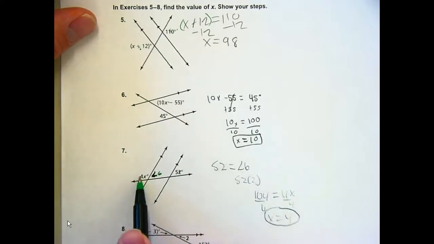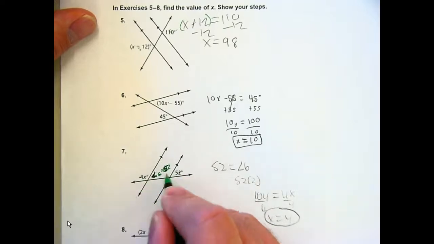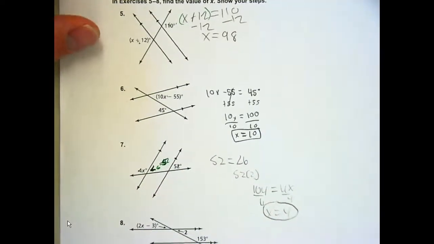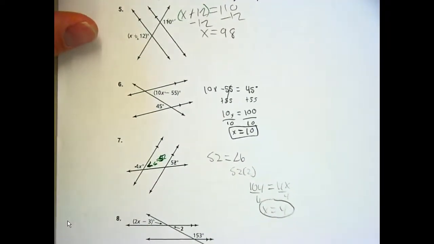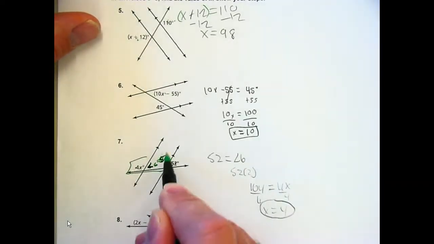And 4x and 52 have to add up to 180. So in that case, x is 4? No, that's not quite right. So 4x plus 52 equals 180.